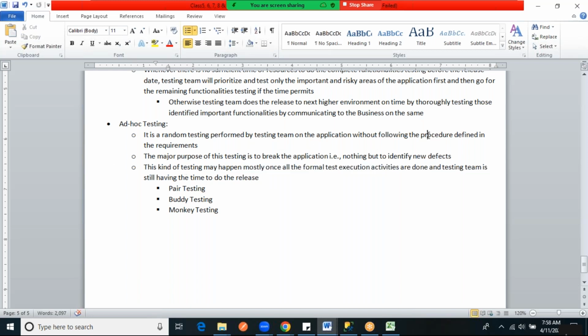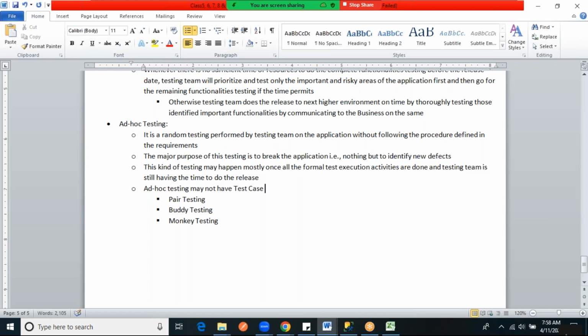Since I am saying it is done without following the defined procedure, what statement can I make? This ad hoc testing may not require something. What is that? You are not following any proper defined procedure. So ad hoc testing may not have what? Very good.